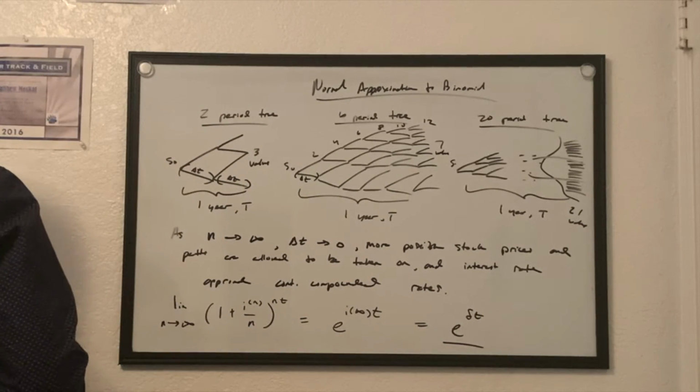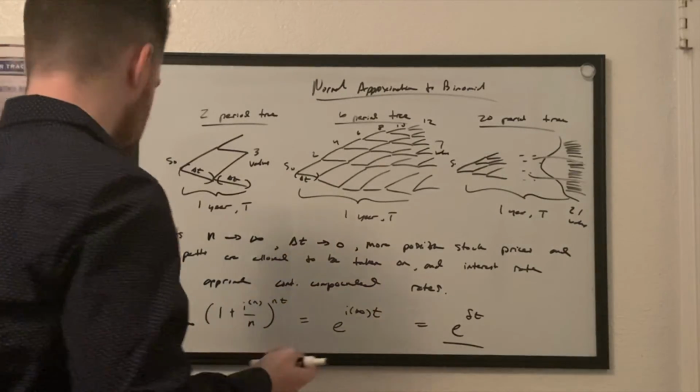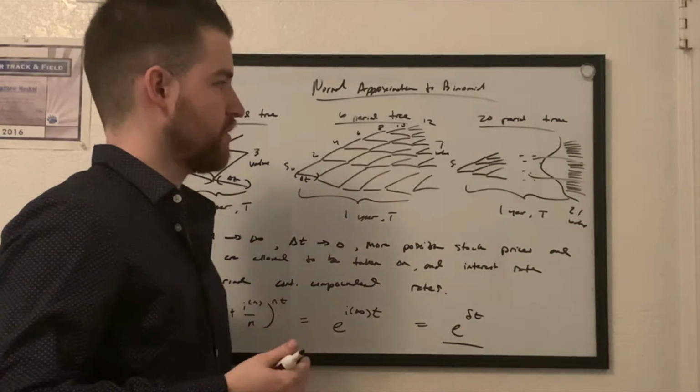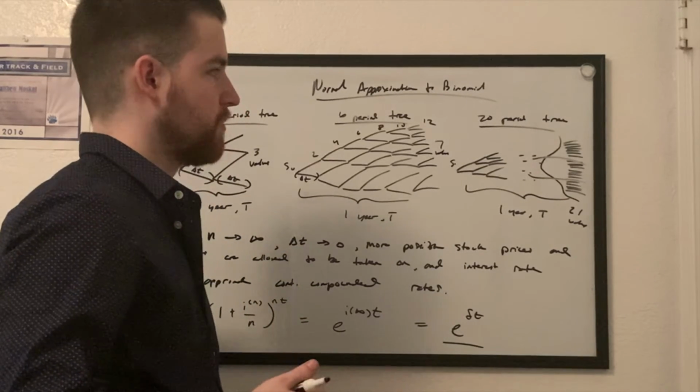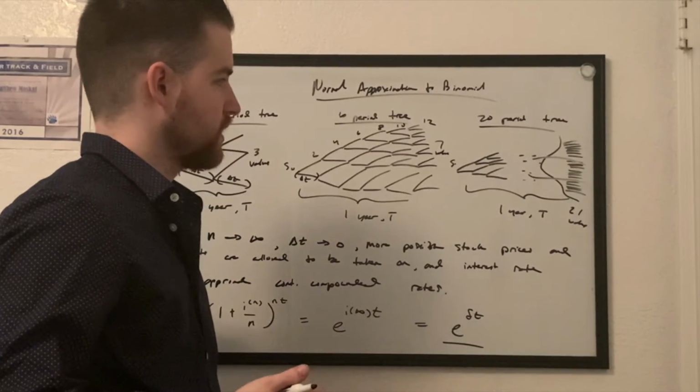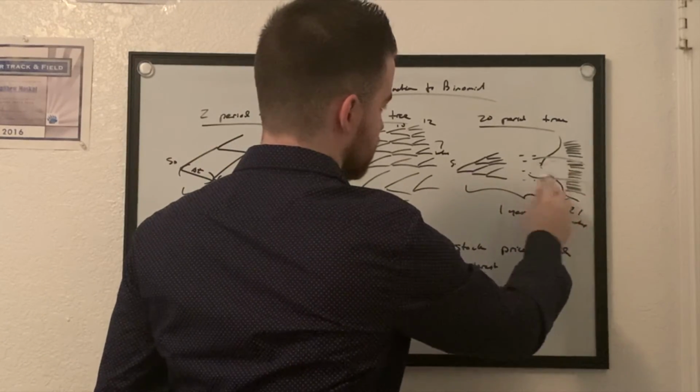And so yeah, as I just said, by increasing our period size n, we allow our stock prices to take on a much larger range of values, and allow for it to be in this normal setting.